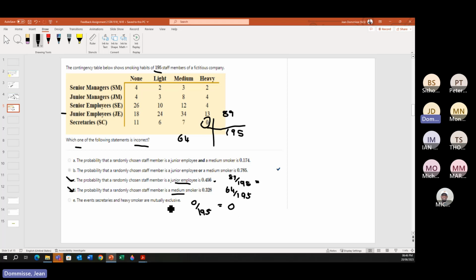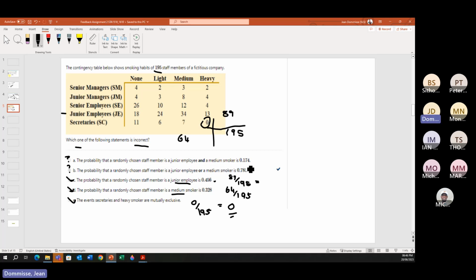Mutual exclusivity only happens when the AND is 0, so that is correct. It's the first time that I actually see a 0 in a table as well. Now we're sitting with 2 options. So at least if you now guess, it's only one of the 2, but let's look at the probability.